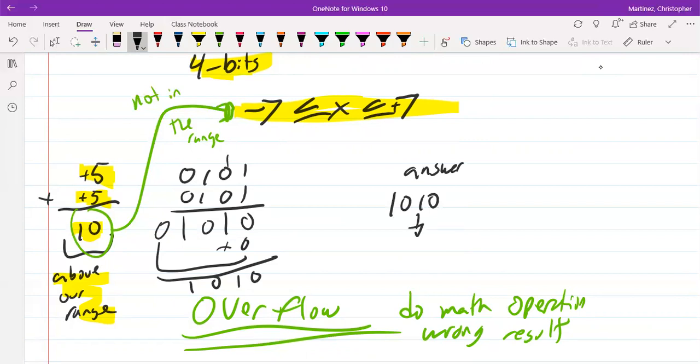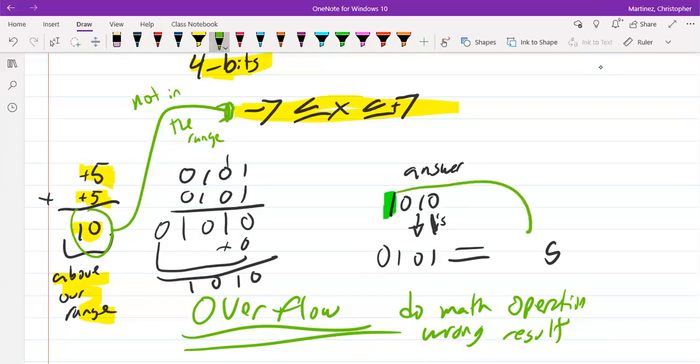Well, let's do 1's complement to it. 1's complement is 1, 0, 1, 0. This is telling us that we have 5 with the sign telling us I have a -5. Well, -5 was not the result. This is, again, an overflow.